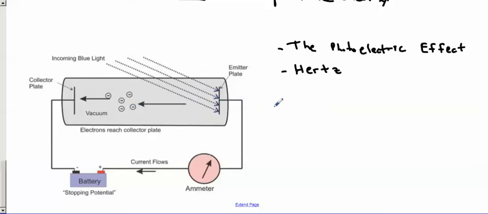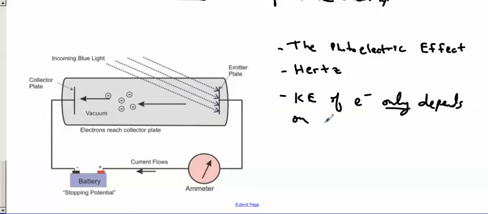It turns out in this experiment that the kinetic energy of the electrons only depends on the frequency of the light, not on intensity, which was something they weren't prepared for.